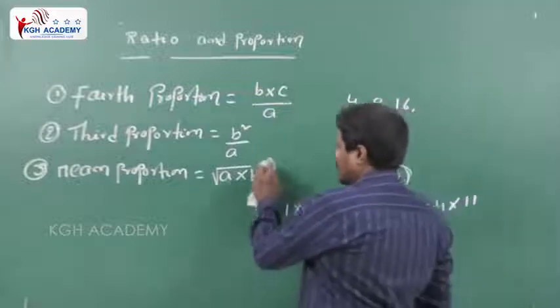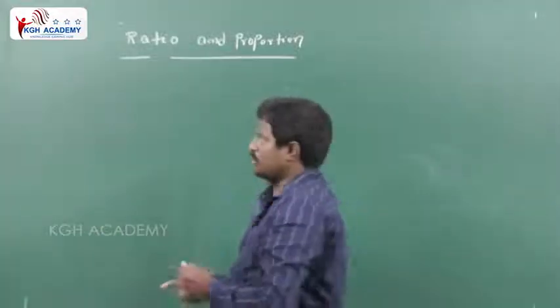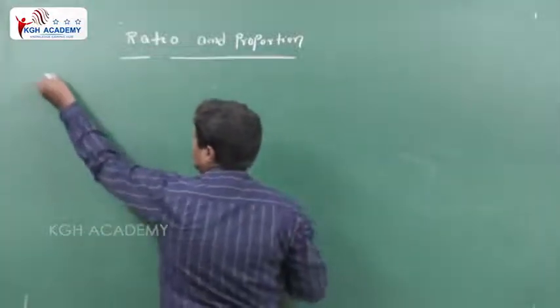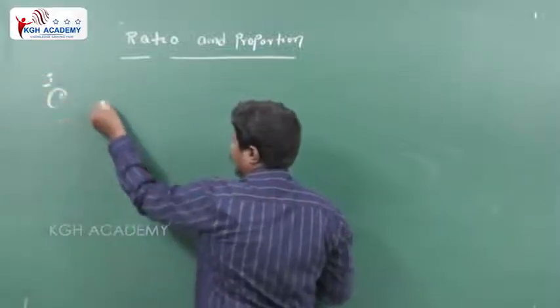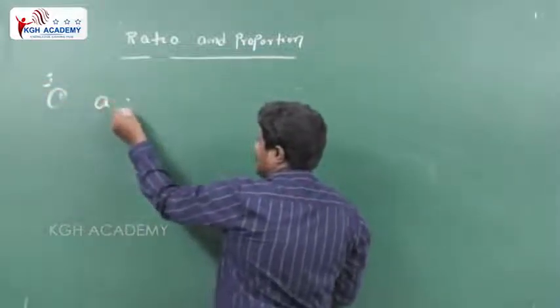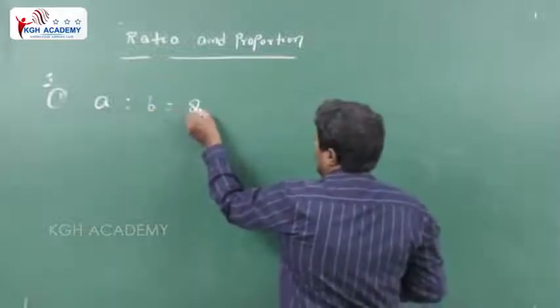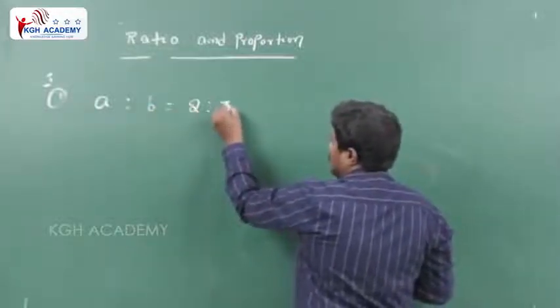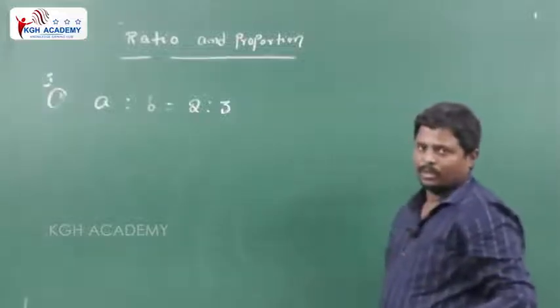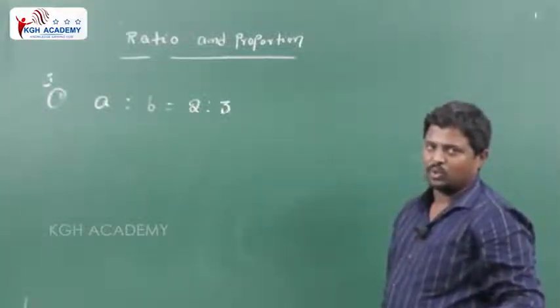Just first model and first example. Let us suppose this is the first model and first example. Let us suppose A is to B equals 2 is to 3.